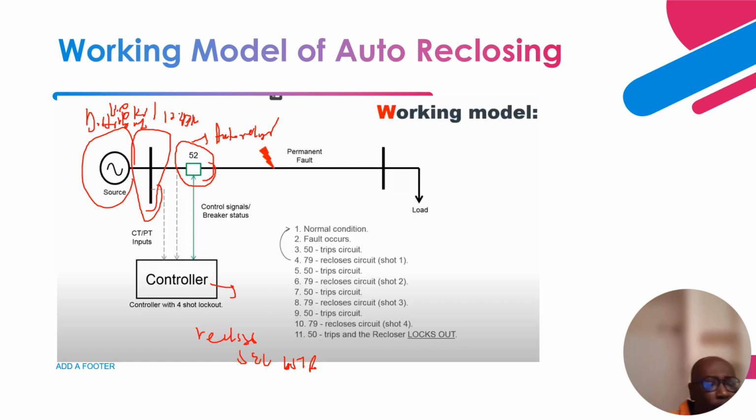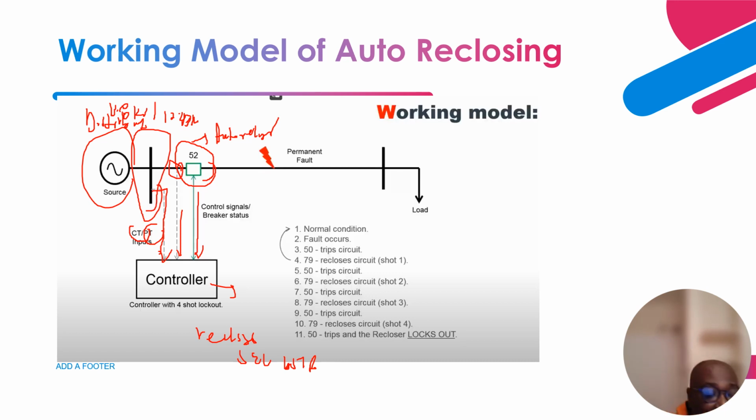The controller requires inputs from the CT and the PT. The PT comes from the bus, and the CTs are on the line. The PTs are shunt connected and the CTs are series connected with the auto recloser. These provide input to the controller, and it also requires the breaker status.